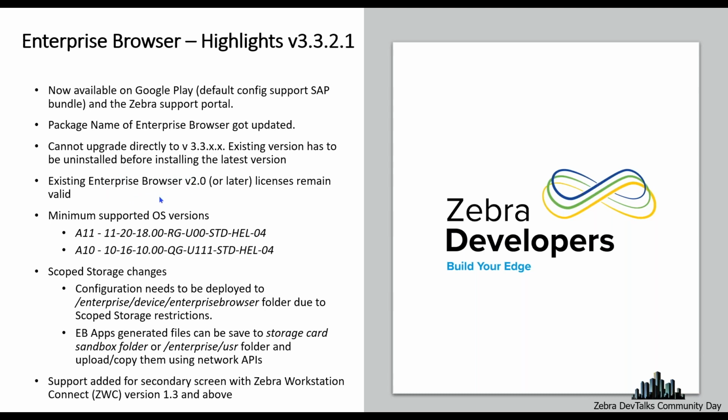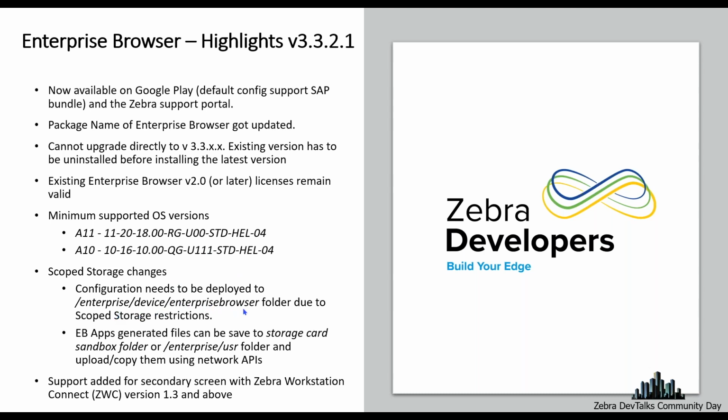Existing licenses will be supported, and these are the minimum OS versions that are required for A11. This is the OS version, and for A10, this will be the minimum version required to install this Enterprise Browser version. So scoped storage related changes are there.